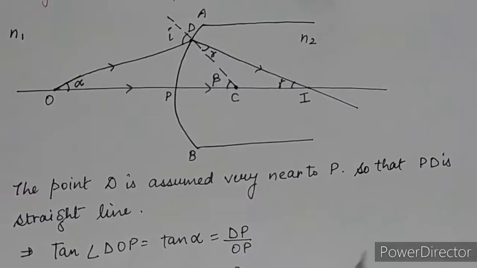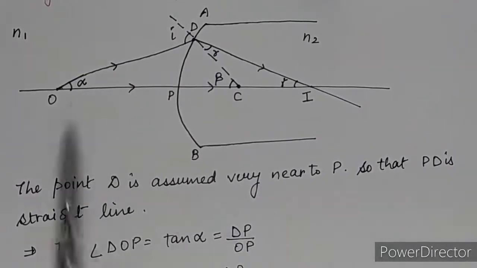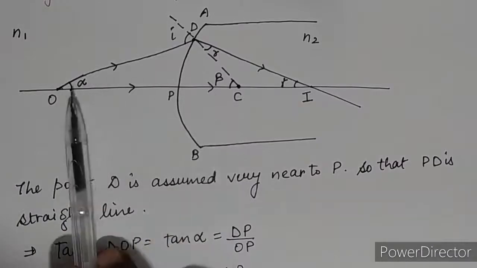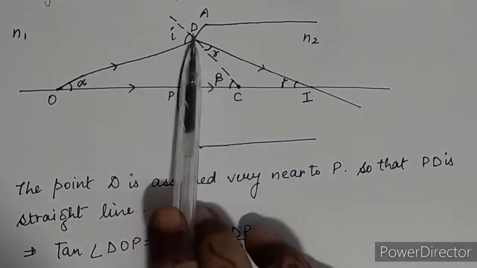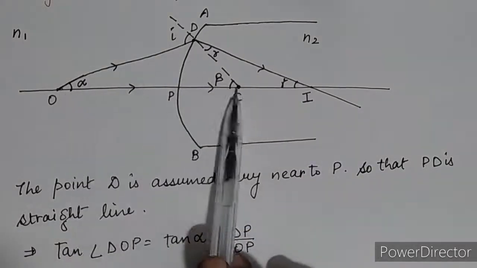Now I am explaining, then I will write it down. Then I am taking the second thing. First of all, I have taken all the angles alpha, beta and gamma. Now we have taken the triangle DOC.